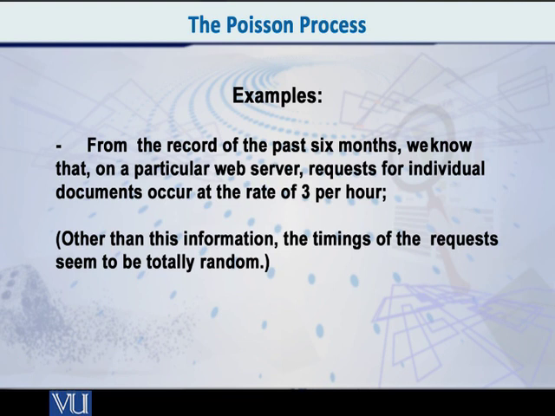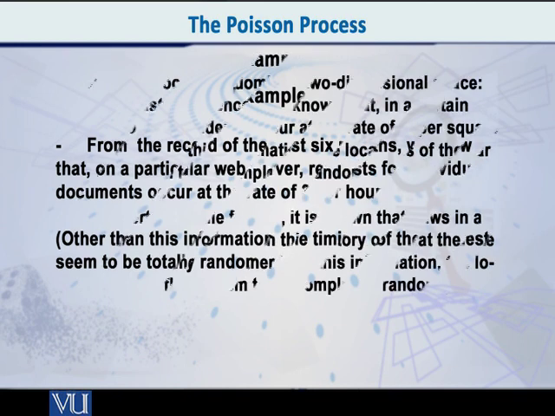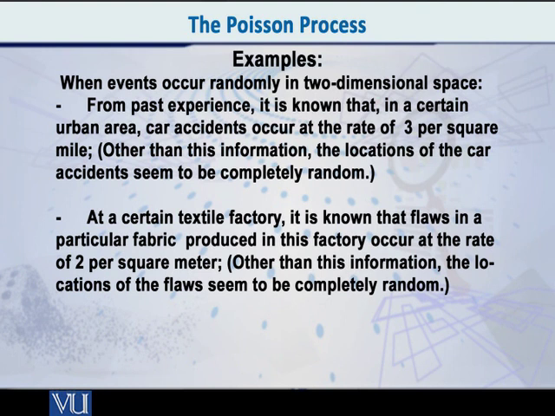So now that I've given you 2 examples of random events over time, now let me give you one in which we say that it is on a distance scale, or we can say, in this particular example that is coming up, that events are happening randomly in 2-dimensional space. So what is this particular example?